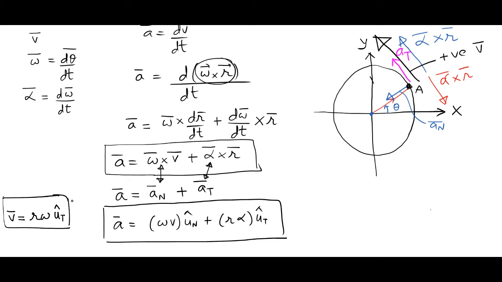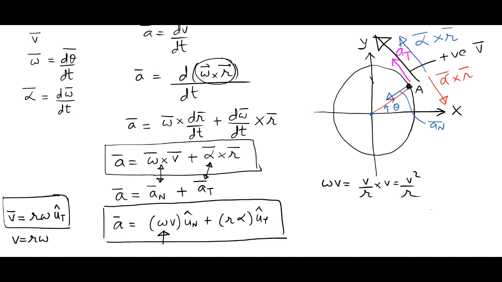If you use the scalar version of that formula, v is equal to r omega, you're going to get some alternative variations of this. So omega times v is also equal to, omega is v by r, so v by r into v, so that's v square divided by r.